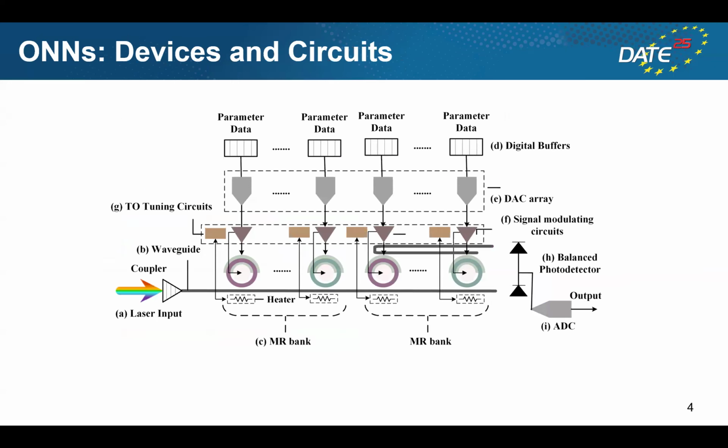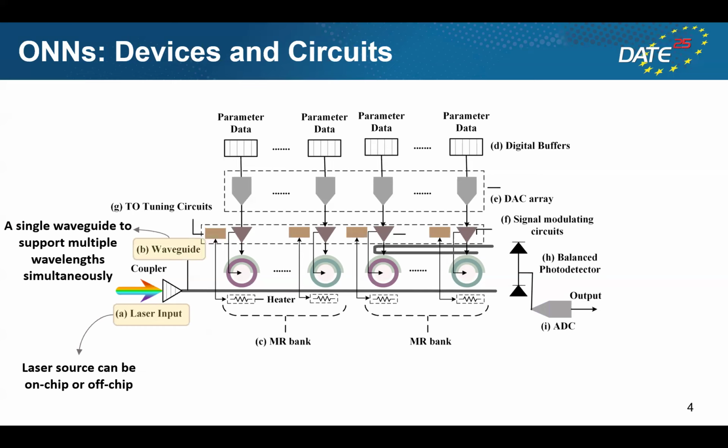So just to take a step back, what are optical neural networks and how do they operate? In this slide, you see the common devices and circuits that are used in most optical non-coherent accelerators. We first have our laser input, which generates the optical signals that then travel in the waveguide. And we have the MR banks, which are composed of the main optical devices, which are the microring resonators, or MR for short.